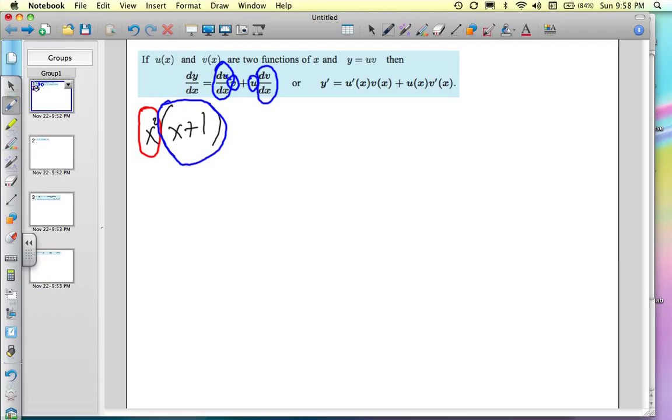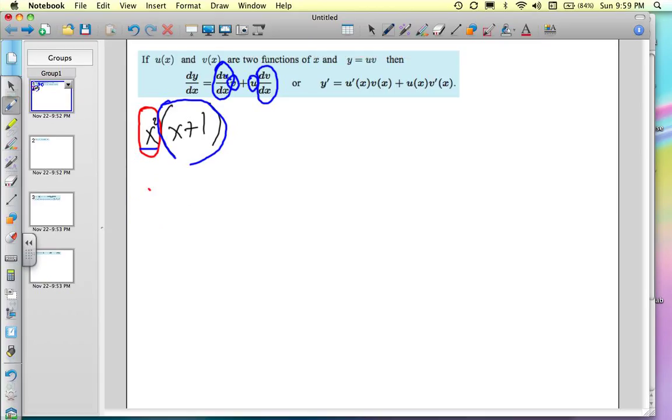So we know that the derivative of the first function, du dx, is equal to, well, let me switch to red so I don't confuse the colors. And that means I have to erase that. There we go. Okay.